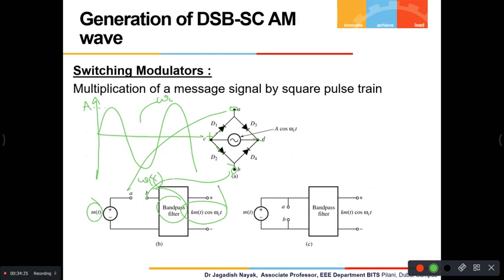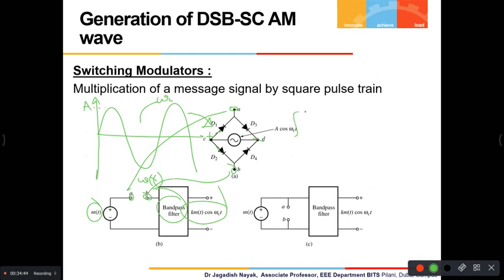Have you understood this? Okay, now I am going to give you one small homework. For this input, just find out what waveform you get across these two points. Exactly what you get.